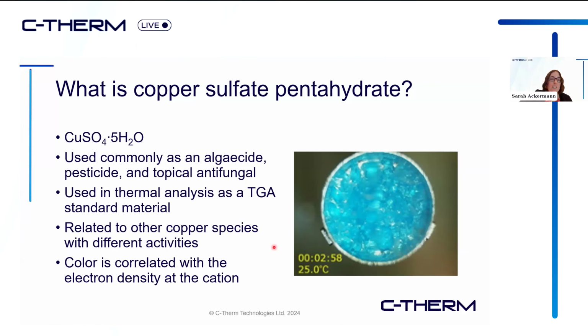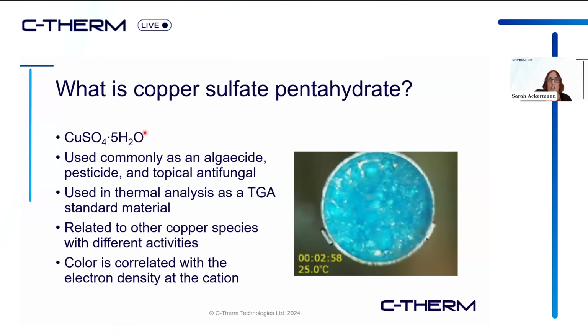It is related to other copper species with different activities. Copper being a transition metal, it can exist in multiple oxidation states, so it's important to understand what the oxidation state of the copper you're dealing with is. In addition, the color within the crystal is correlated with the electron density at the cation.